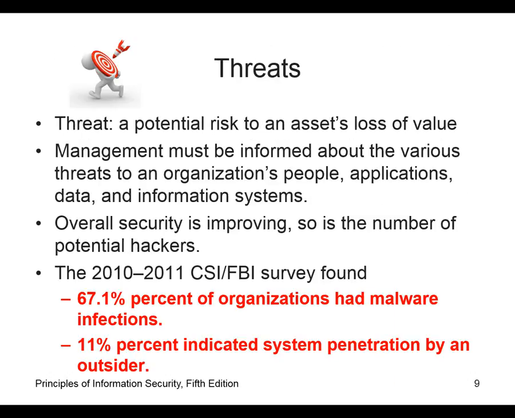Threats. 61% of organizations have had malware infections. And notice this was 5 years ago. 10% indicated system penetration by an outsider. And I believe Ken said that has gone up.